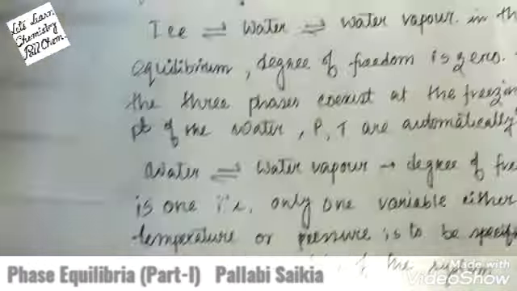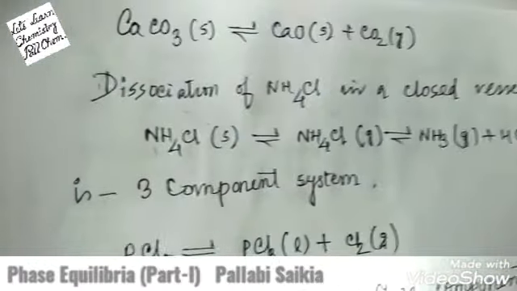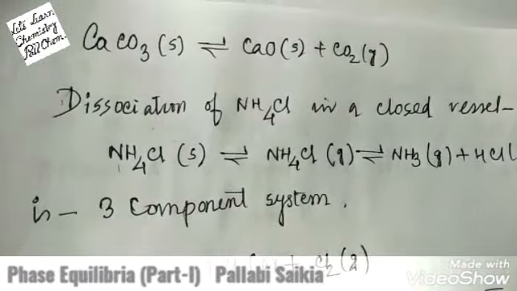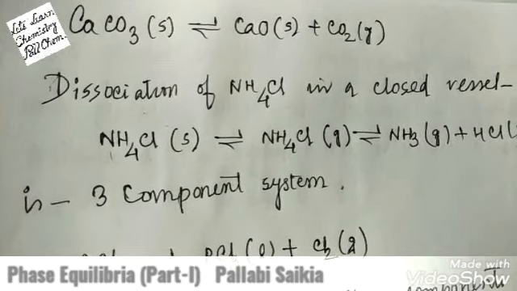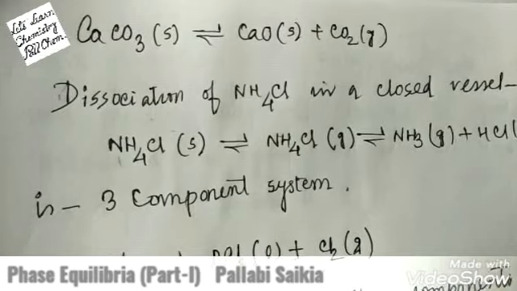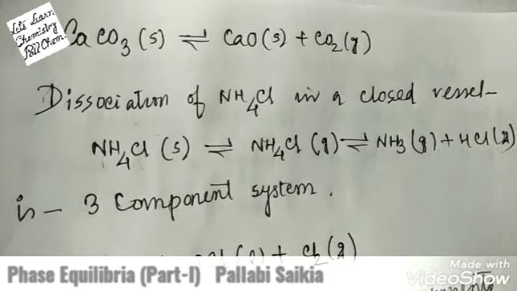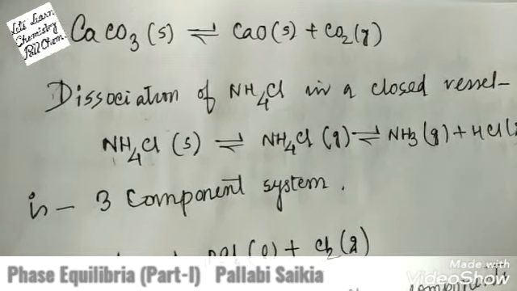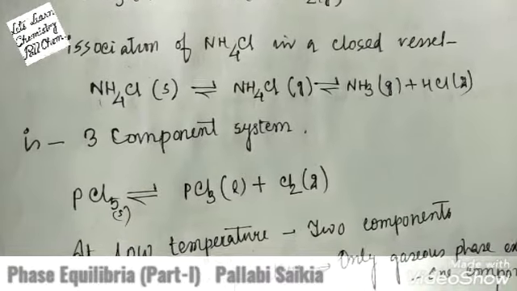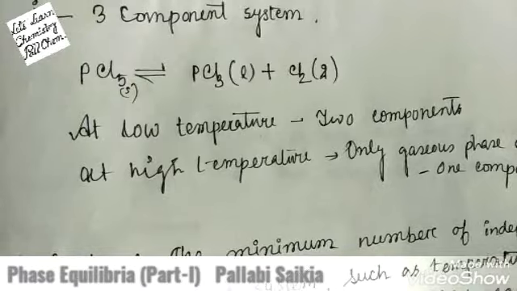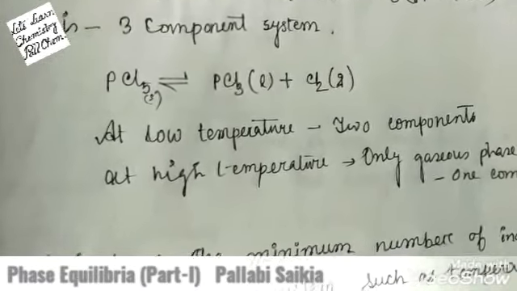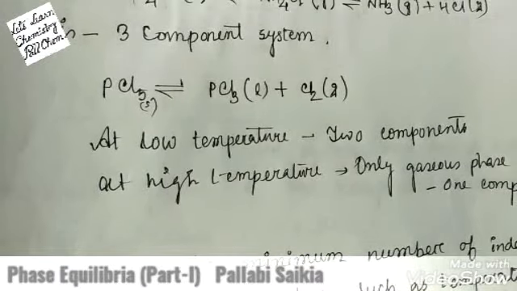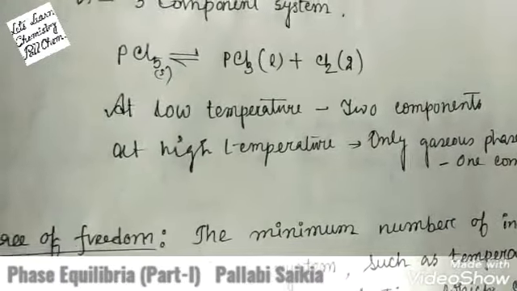Similarly, if we see calcium carbonate, which is in equilibrium with solid calcium oxide and carbon dioxide gas, it is a 2 component system because calcium carbonate can be expressed from calcium oxide and carbon dioxide. Similarly, the dissociation of ammonium chloride and phosphorus pentachloride are examples where the smallest number may be 2, it may be 3.